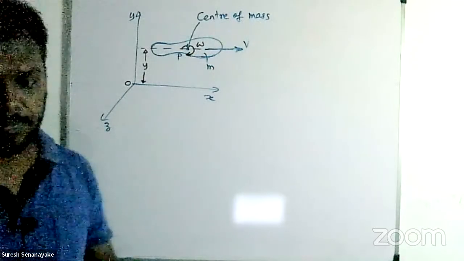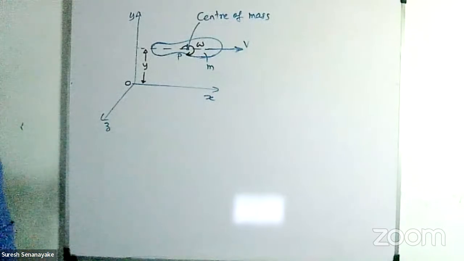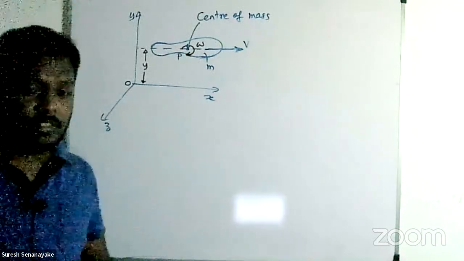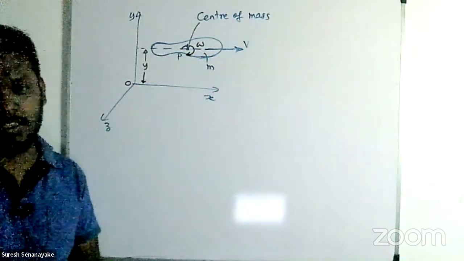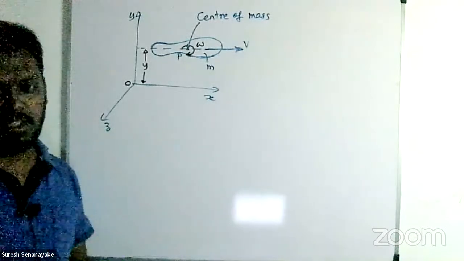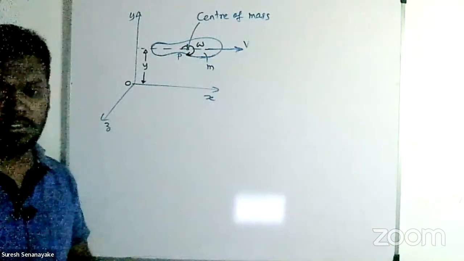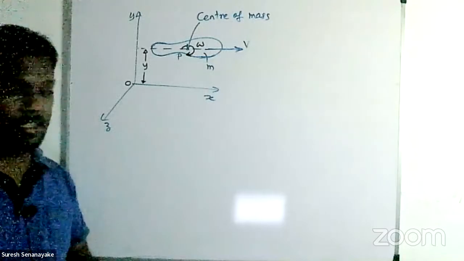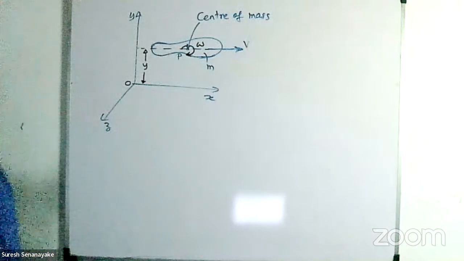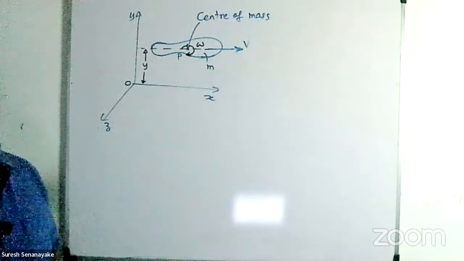Okay, then write there, about the point P, the body makes a translational motion with the linear velocity v.